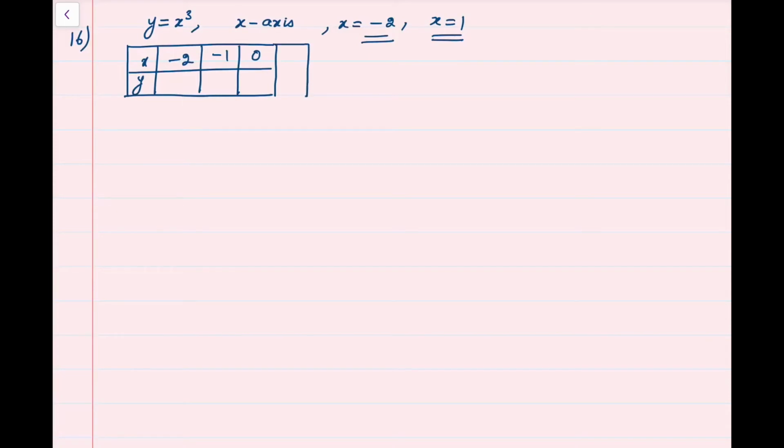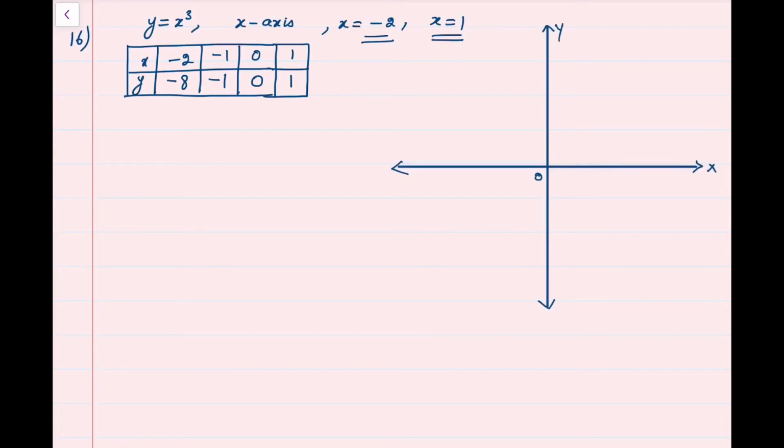Minus 2 the whole cube is minus 8. Minus 1 the whole cube is minus 1, 0 cube and 1 cube is 1. 0, 0 is the origin, 1, 1, minus 1, minus 1, minus 2, minus 8. This is the graph. We will draw the limit lines.